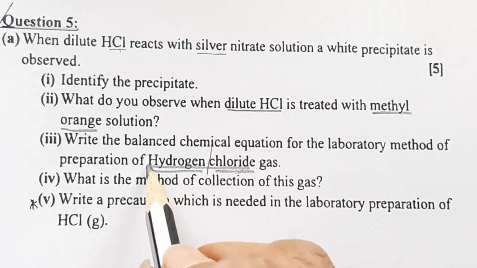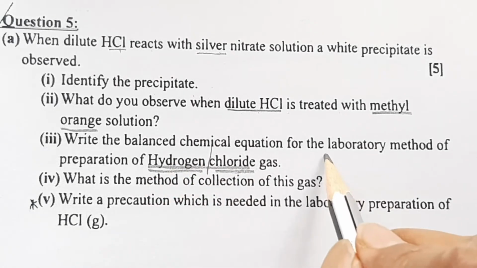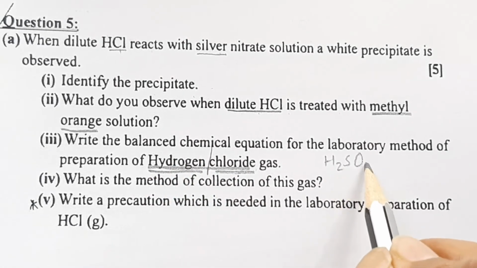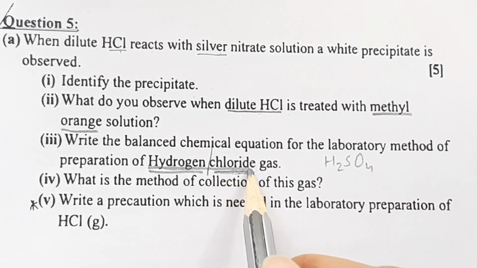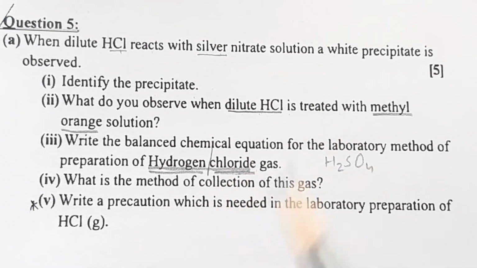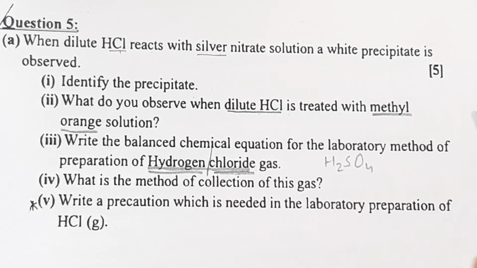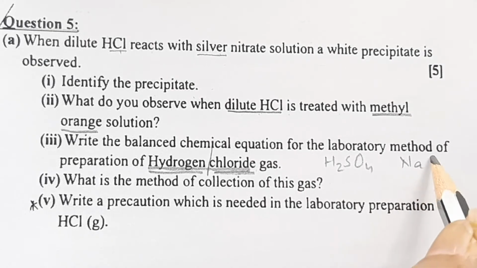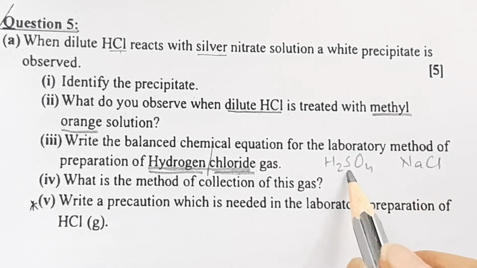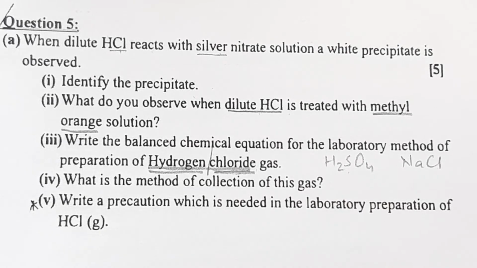Okay, so for hydrogen I have to take H2SO4 concentrated sulfuric acid, and for chloride I should take either sodium or potassium chloride. Now remember, sodium and potassium chloride are plentiful, so we have to start with NaCl and H2SO4 and we will react them. I will show you how to write the reaction just in a bit.